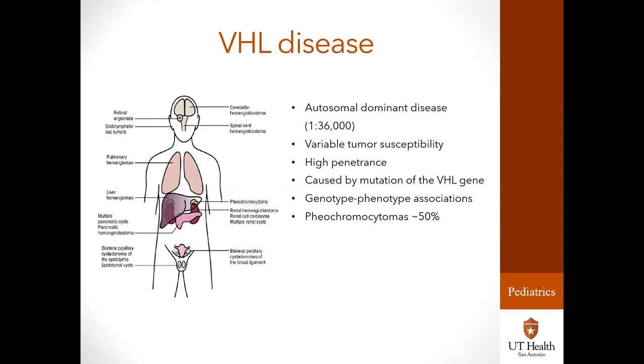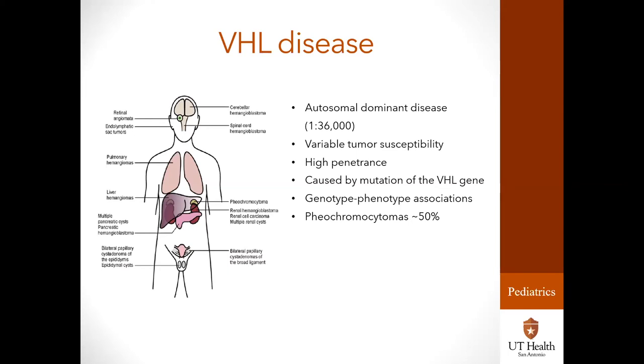So this is a high penetrance disease in which almost all patients who are carriers will develop the disease over their lifetime. It is caused by a mutation in a single gene, the VHL gene, and there are genotype-phenotype associations that make up the basis of the disease classification.